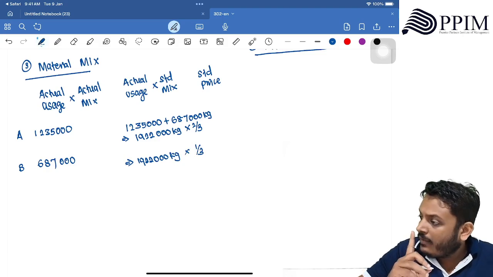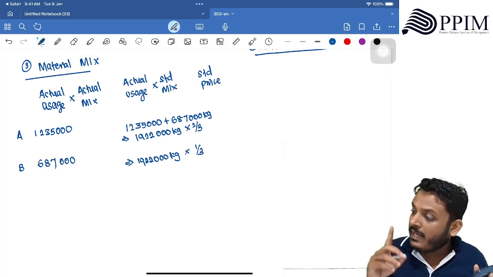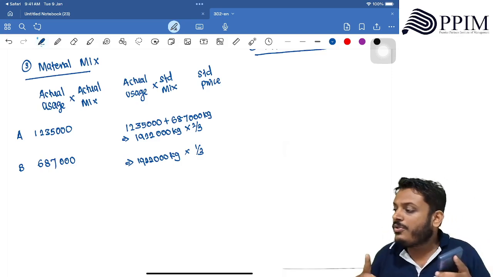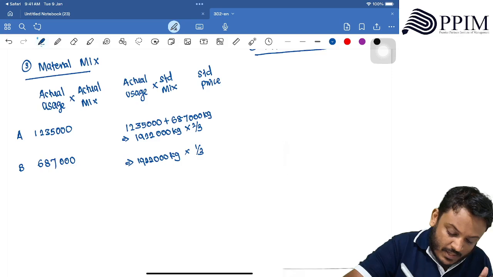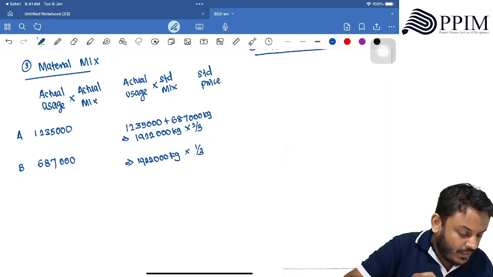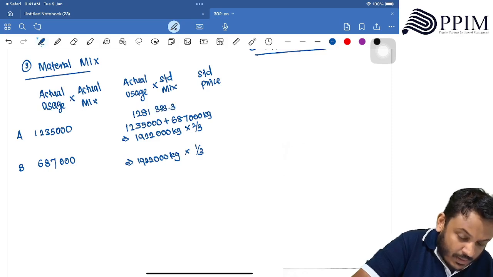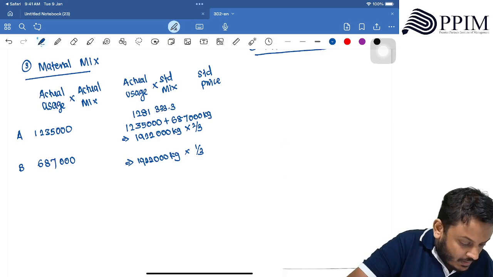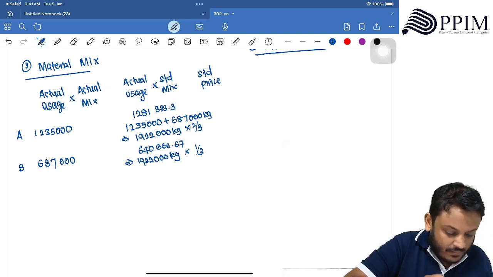So standard 1 kilogram to produce B, right? Standard 2 kilograms to produce A material. So 2 divided by 3 and 1 divided by 3. So here the answer is 1,281,333.3 and 640,666.67.